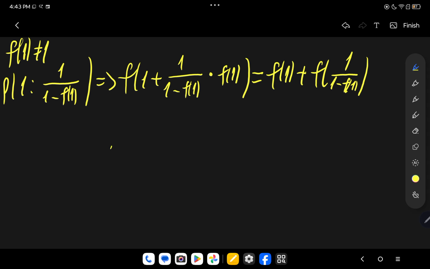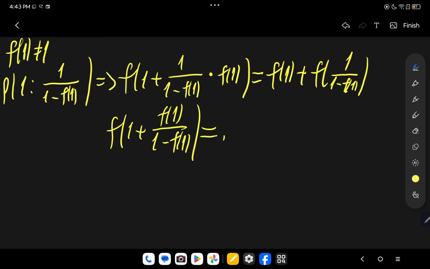Now this is the same as (1 plus f(1)) divided by (1 minus f(1)), which is equal to f(1) plus this.